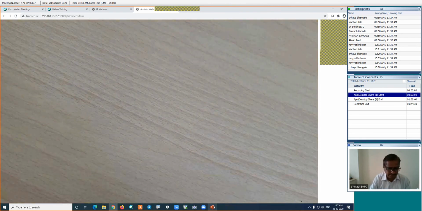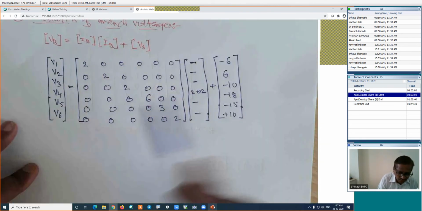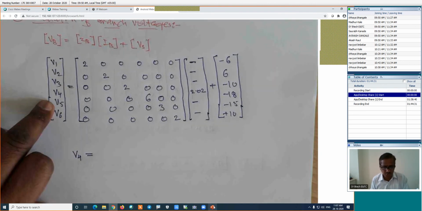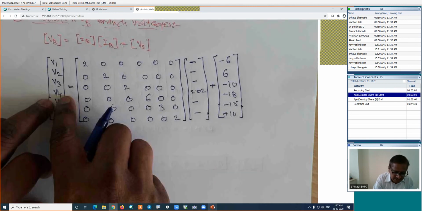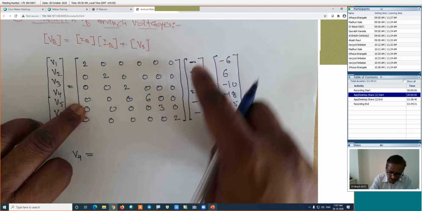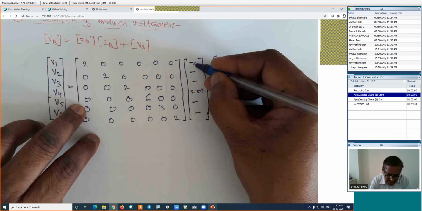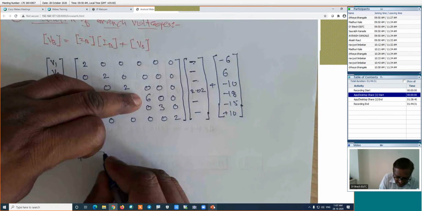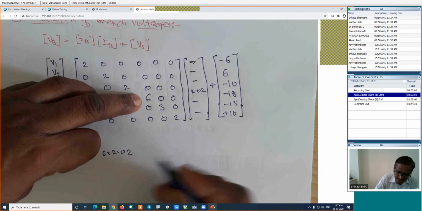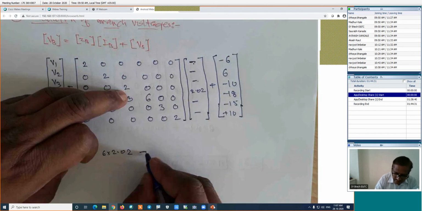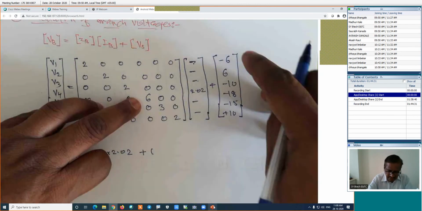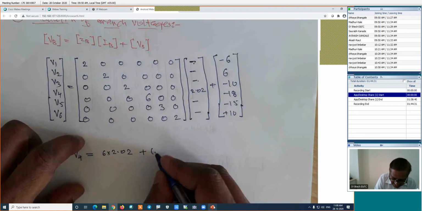But we are interested in only V4, the voltage across the 6 ohm resistance, or 6 ohm branch to be exact. For V4, take the fourth row into this column: 0 into 0, 0 into 0, 6 into 2.02, then 0, then 0, plus the fourth element, minus 18.